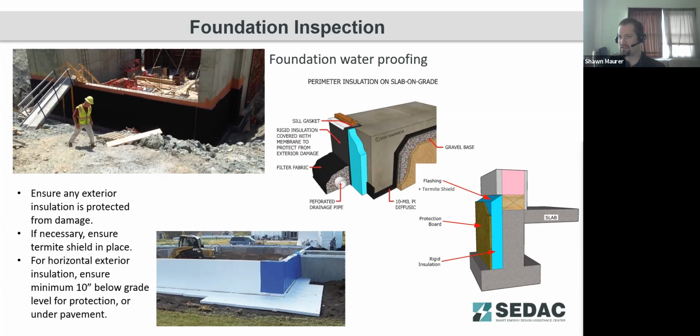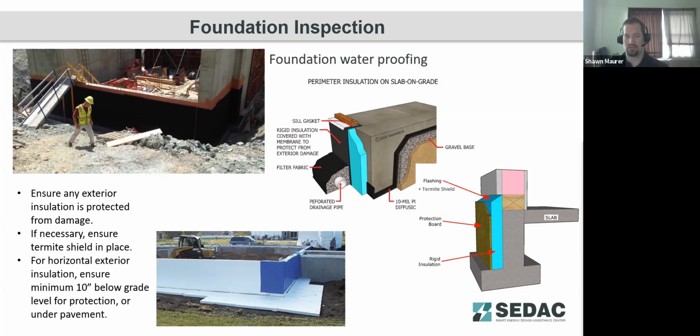That way, if any part of that is exposed above grade, if they're doing landscaping around the building or lawn maintenance, anything like that, there's no risk that that insulation is going to get torn up where it's exposed above grade. That membrane is going to provide adequate protection there.